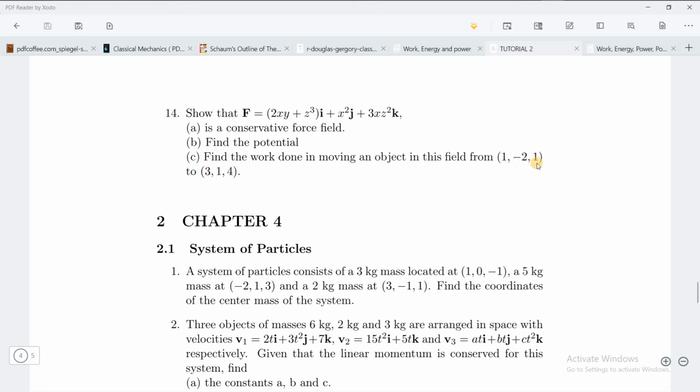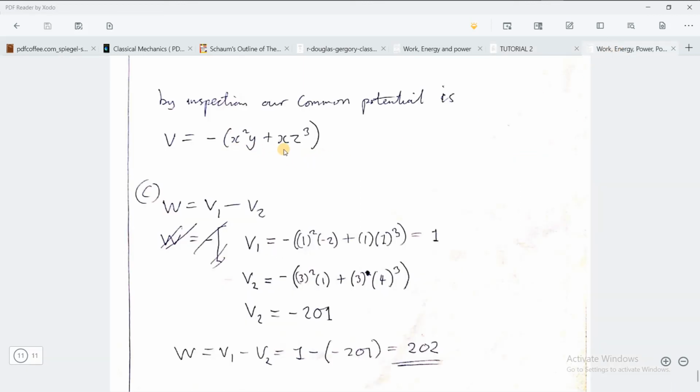So we first start with the initial coordinate, which is 1, negative 2, 1. When we plug in those values for x, y, and z in here, we're getting this.